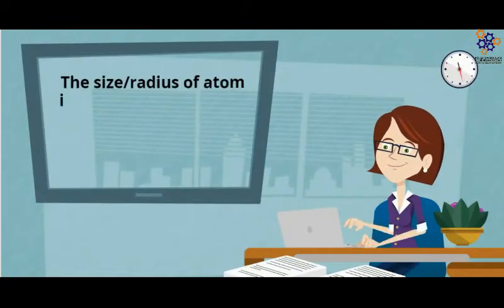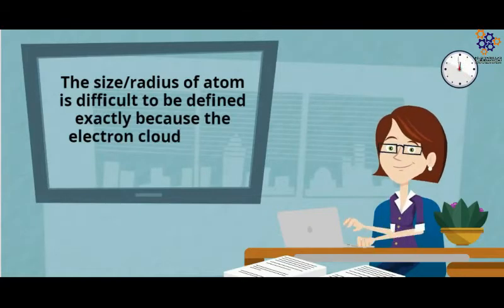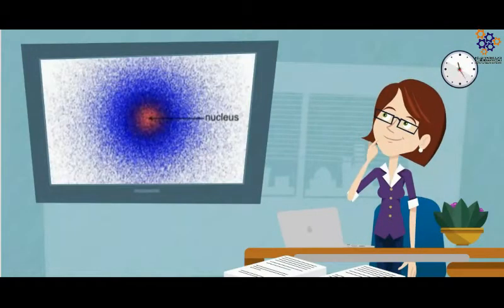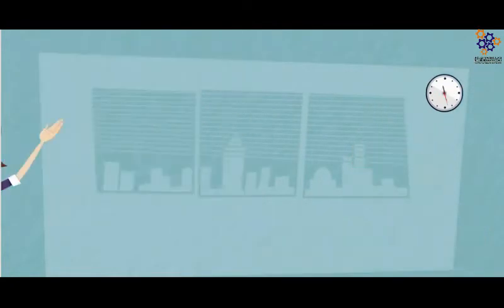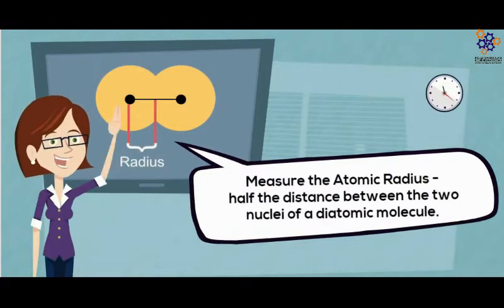The size or radius of an atom is difficult to define exactly, because the electron cloud has no clear boundary. Therefore, atomic radius is measured as half of the distance between the two nuclei of a diatomic molecule.